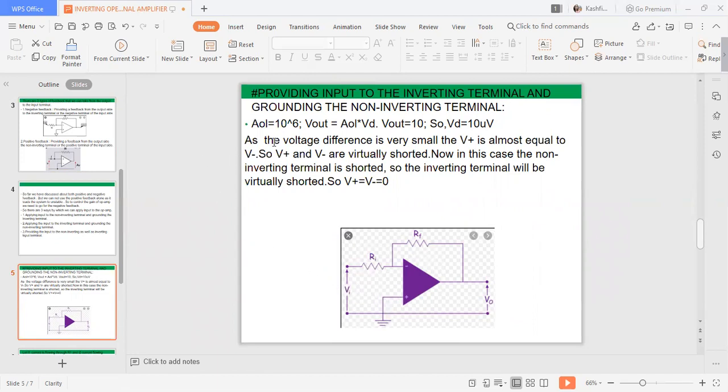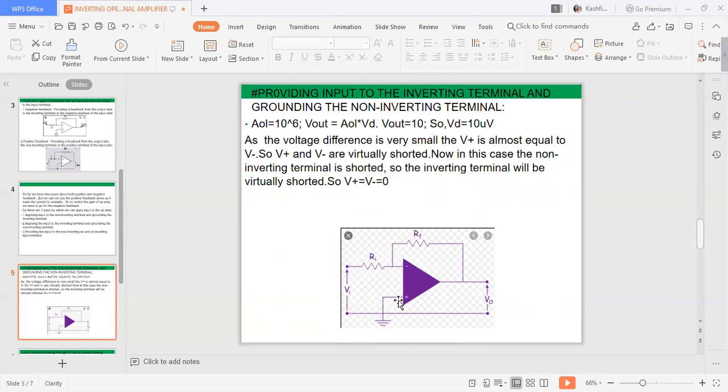Now, let's assume that AOL, the open loop gain, is about 10 to the power 6, and the output voltage is AOL multiplied by VD. Here VD is the differential voltage, that means the difference between V plus, the non-inverting voltage, and V minus, the inverting voltage.